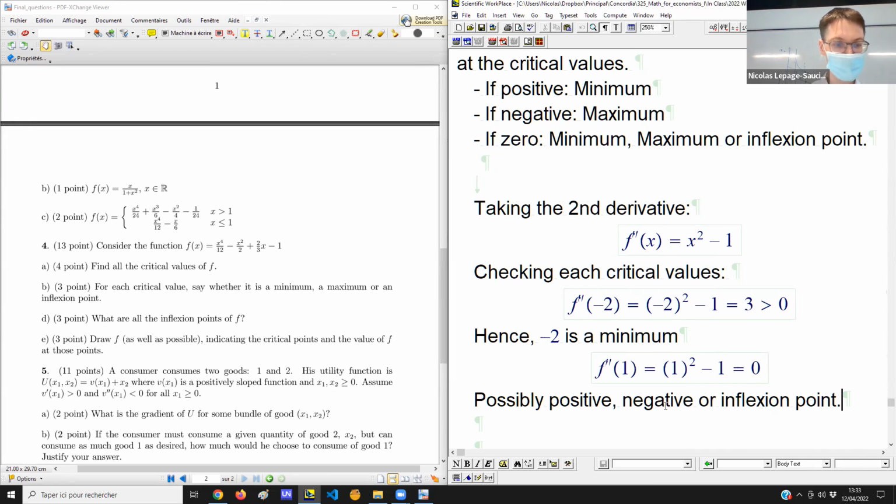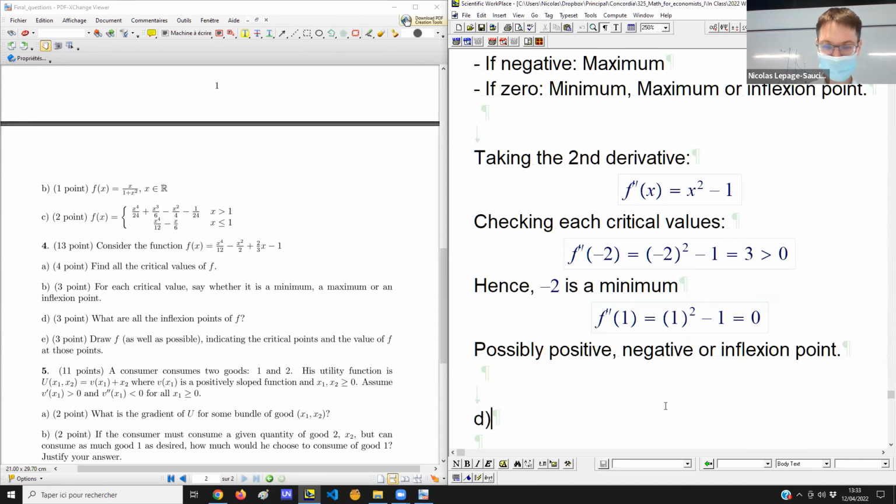Oh, and then it jumps to D because C, I removed it. So moving to D. What are the inflection points? So there's only one possibility. It's 1.